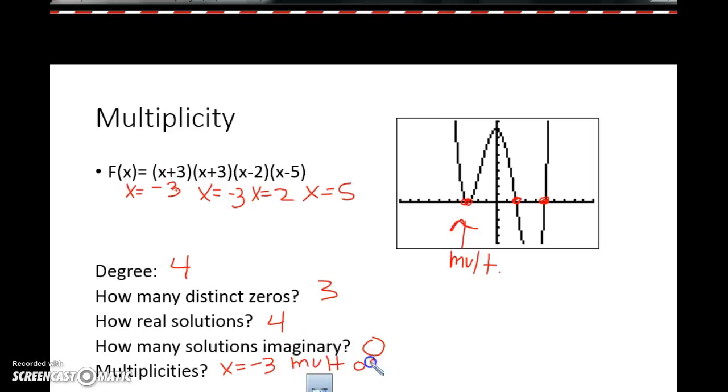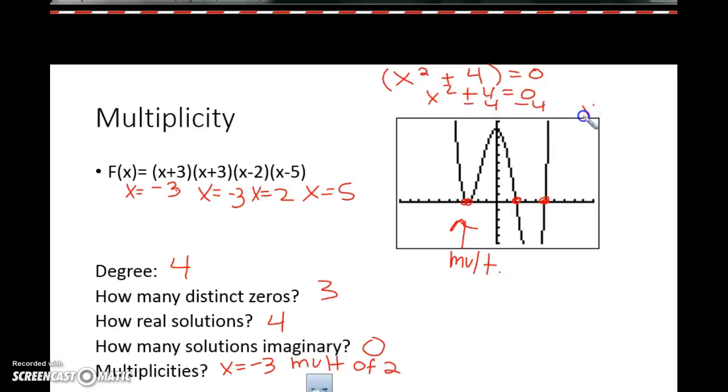An i? Oh, good question. How could there be an i? If you had a factor that looked like x squared plus 4, then this would give you an i, because x squared plus 4 equals 0.